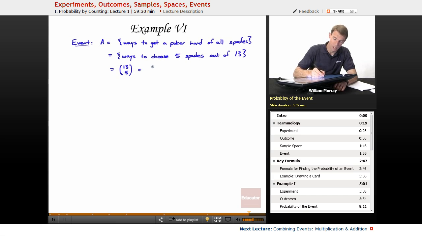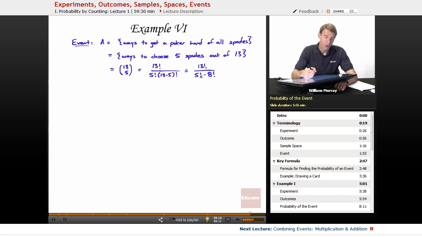If we wanted to express that in factorials, that's 13 factorial divided by 5 factorial times (13 minus 5) factorial, which is 13 factorial divided by 5 factorial times 8 factorial. So that's our number of ways to choose 5 spades out of the 13 in the deck.